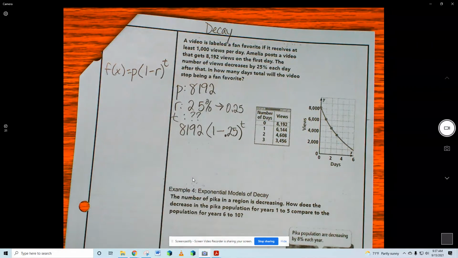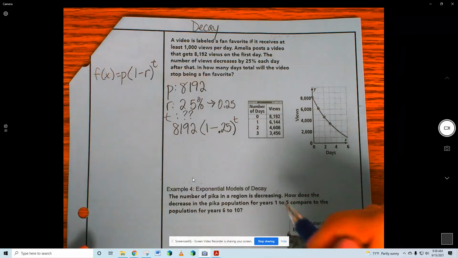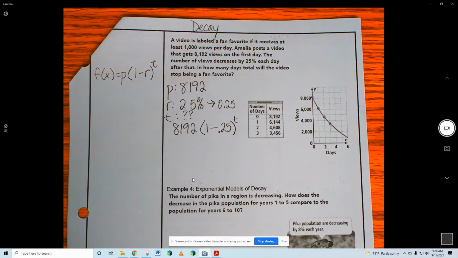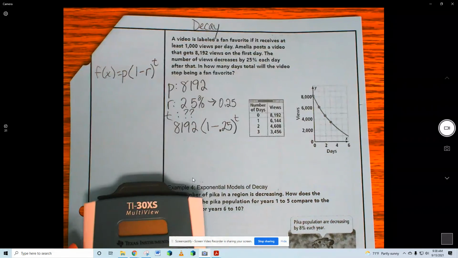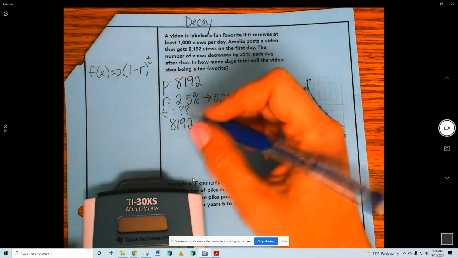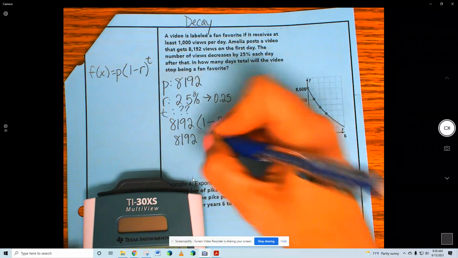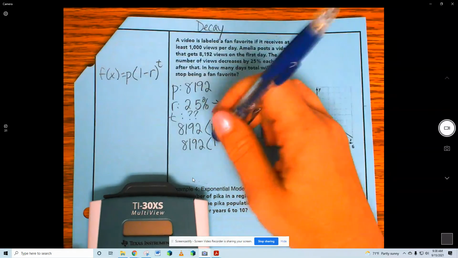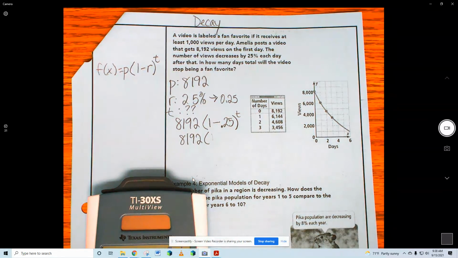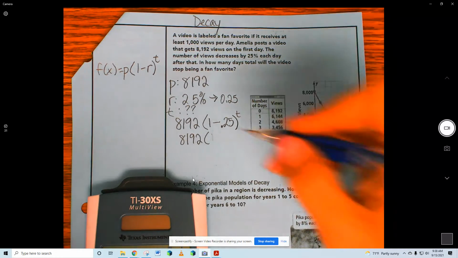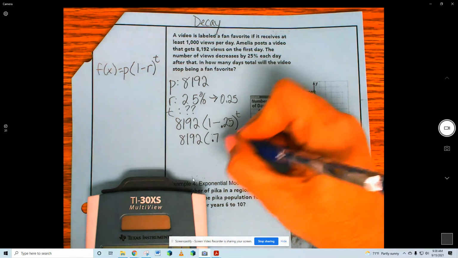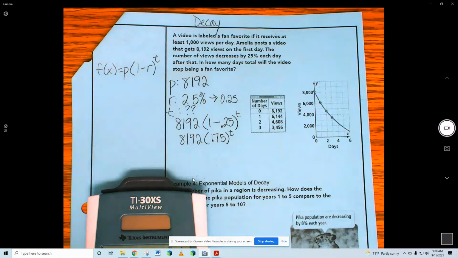Here's what I need to do before I can actually work it out, because I don't know t. With my calculator, are you ready? Let's do 8192. What's 1 minus 0.25? 0.75 to the t. Okay.